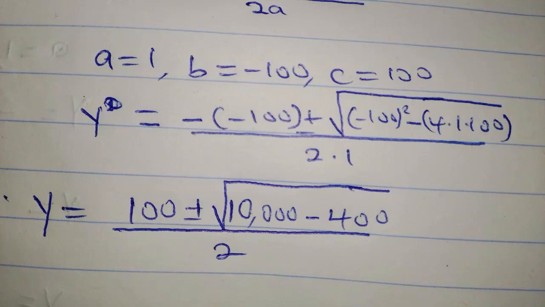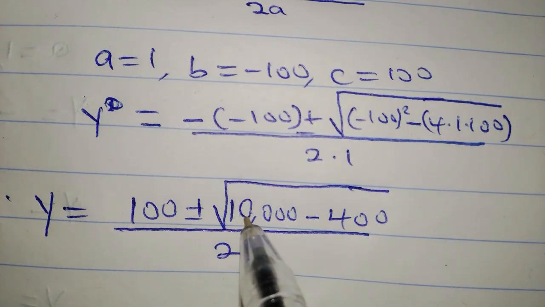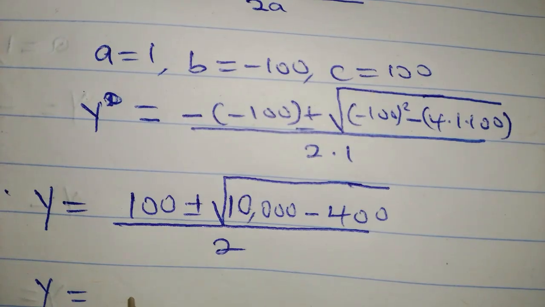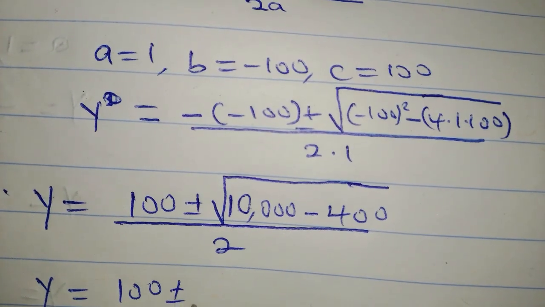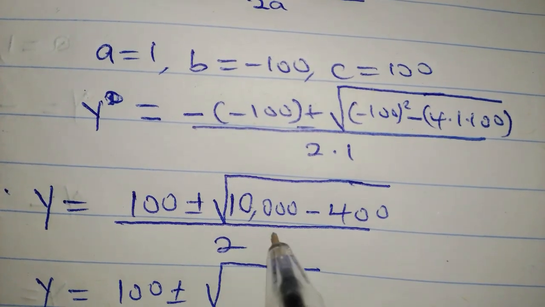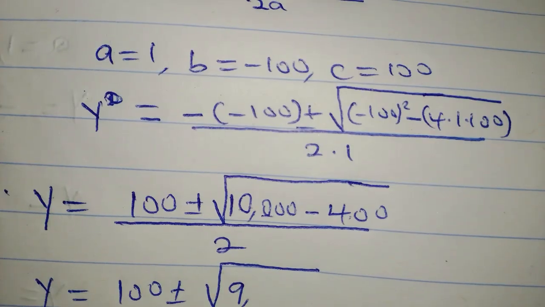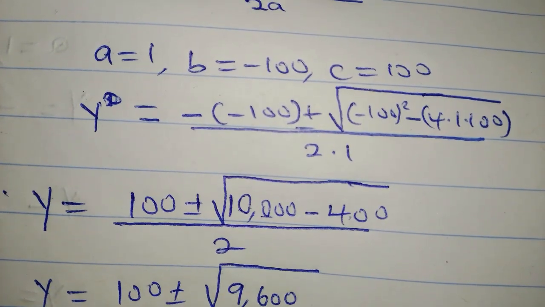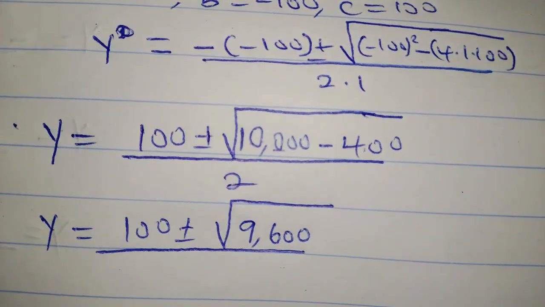Having done this, we subtract 400 from 10,000. We have our y is equal to 100 plus or minus the root of 9,600 over 2.